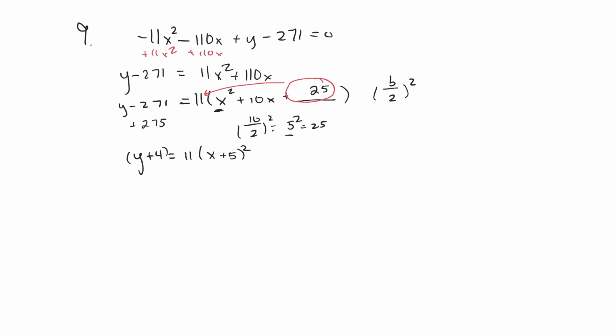It's always a multiplication by a reciprocal value. So if you've got a fraction, it'll be a whole number on the other side. If it's a whole number, it'll be a fraction on the other side, right? So we end up with 1 over 11 times y plus 4 equals x plus 5 all squared. And that's it.